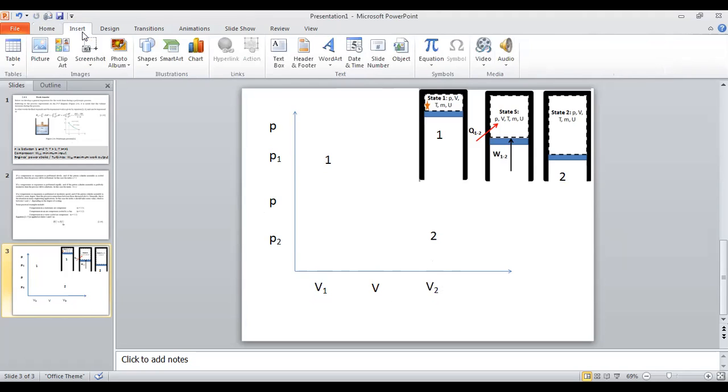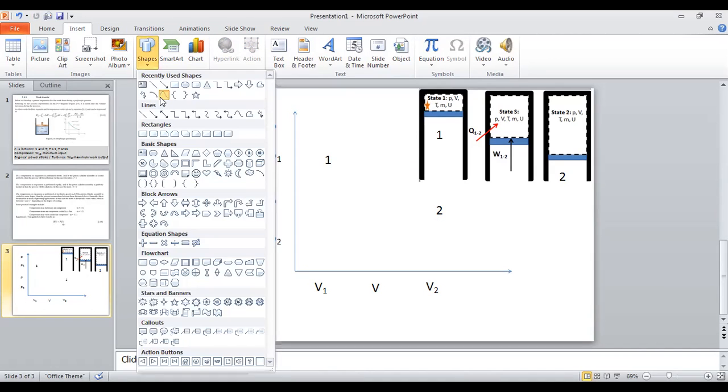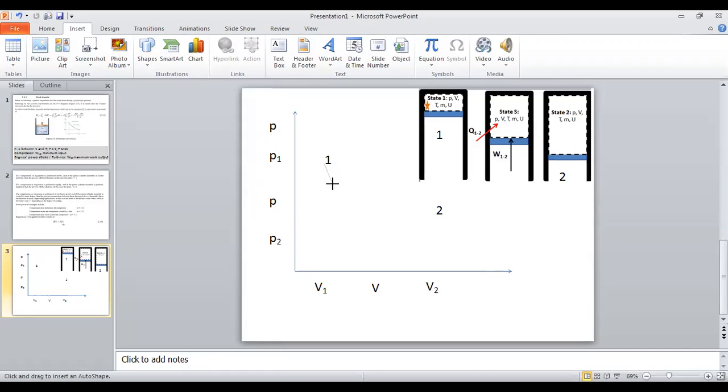If I draw from 1 to 2, so 1 and 2. Let me draw it better.